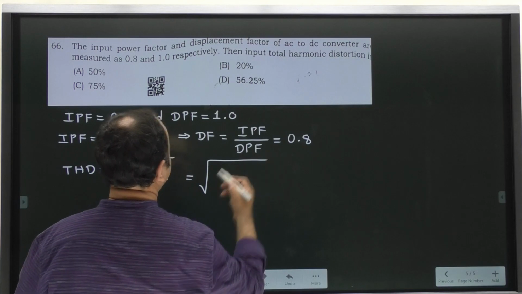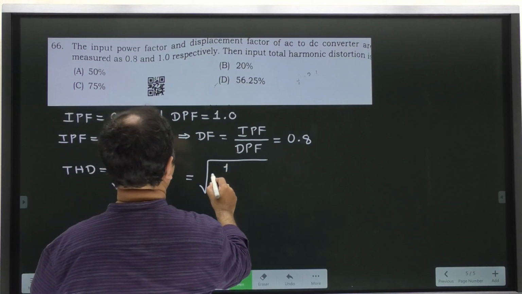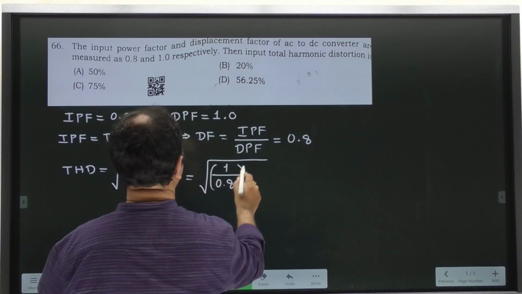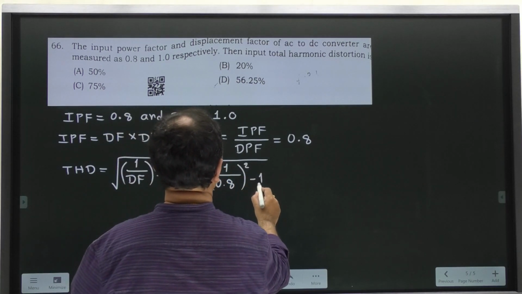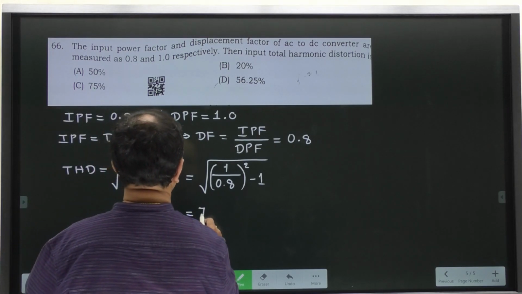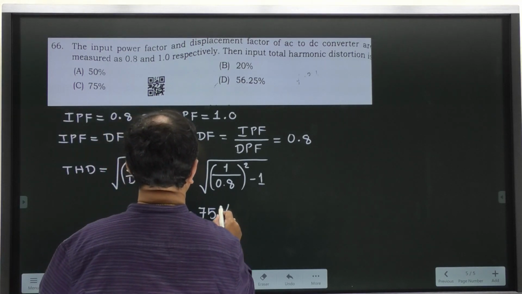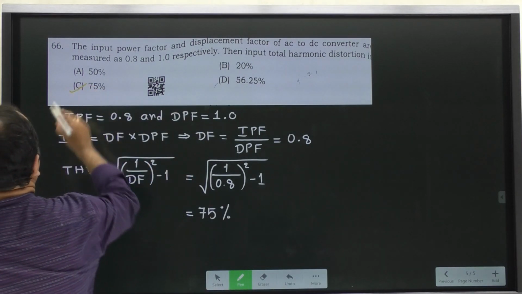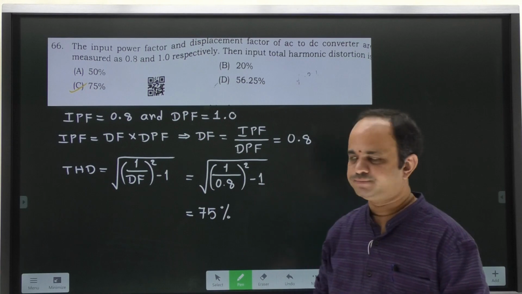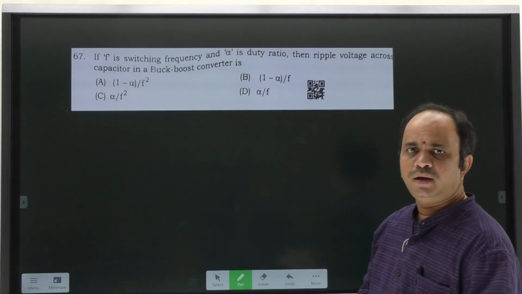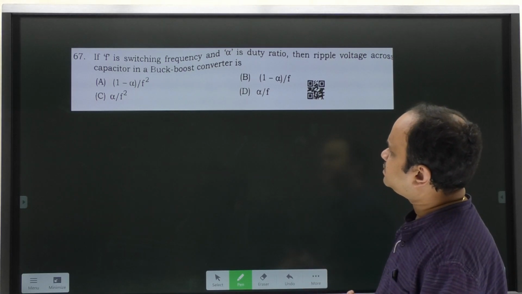Therefore if you substitute here, (1 by 0.8) whole square minus 1, and express in terms of percentage, this numerical value will come around 75%, and hence option C will be correct. Now let us look into the next question.